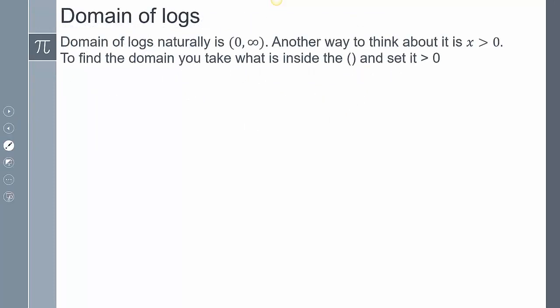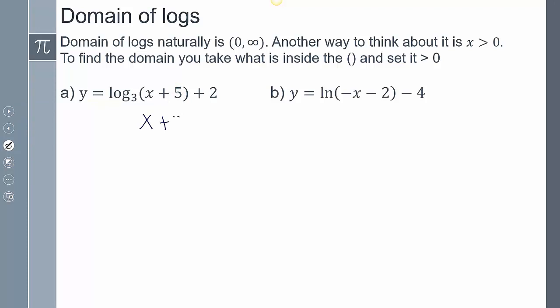Now when we find the domain of logarithms, it's normally 0 to positive infinity. Another way of thinking about it is that x is going to be greater than 0. So when I find the domain, all I need to do is take whatever's inside the parentheses and set it greater than 0. So no matter what I have written here, I can say x plus 5 is greater than 0.